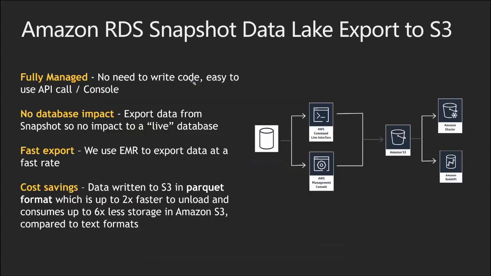Export to S3 is a feature which is getting ready for launch, and we already announced. So basically what that does is allow you to take data from your Aurora backup and export it to S3. You don't need to write any code. It's fully managed, and basically you say which data you want.